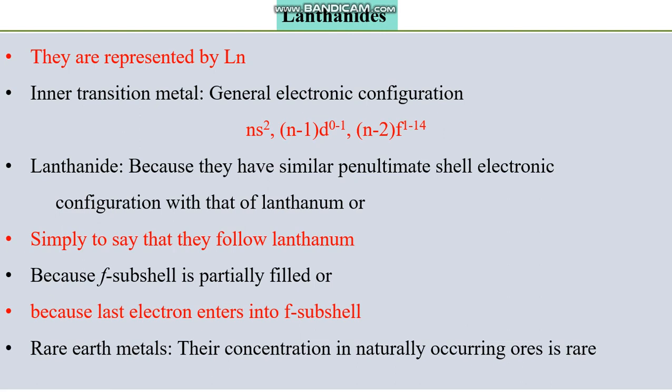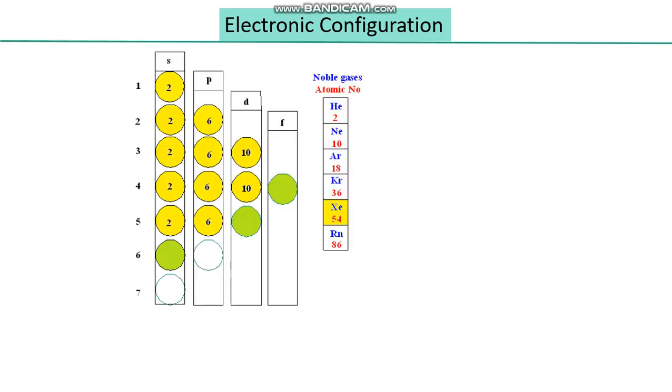But the name rare earth metal is also limited, because there are certain elements which are lesser in concentration than lanthanides, but they are still not rare earths. In some books F block elements have been called rare earth metals, but really they are not. Inshallah, in coming slides, we will come to know why they are no more rare earth metals.